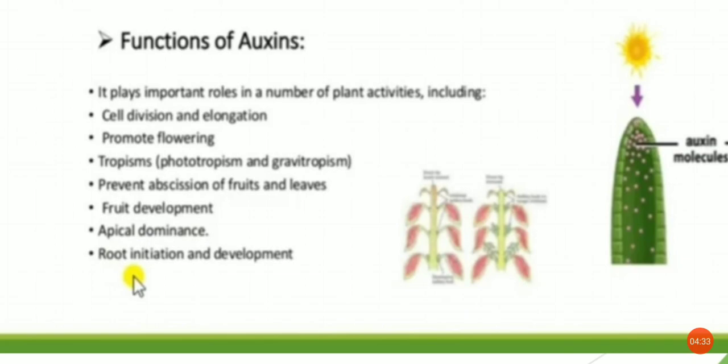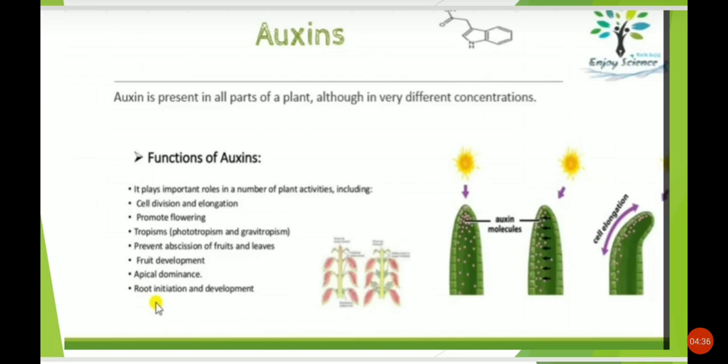Here you can see auxin molecules present in the tip of the shoot. When the sun is just above the stem, the auxins at the tip of the shoot help growth straight upwards. When the sun is coming from the side of the plant, because of these auxins, the stem moves towards the sun.